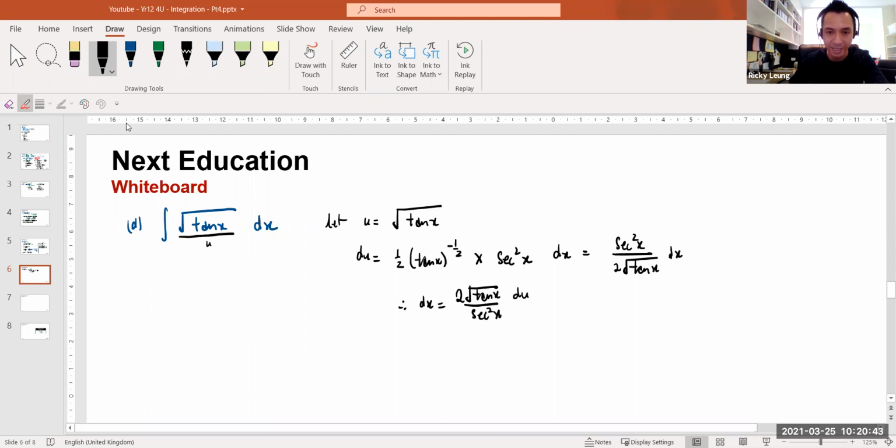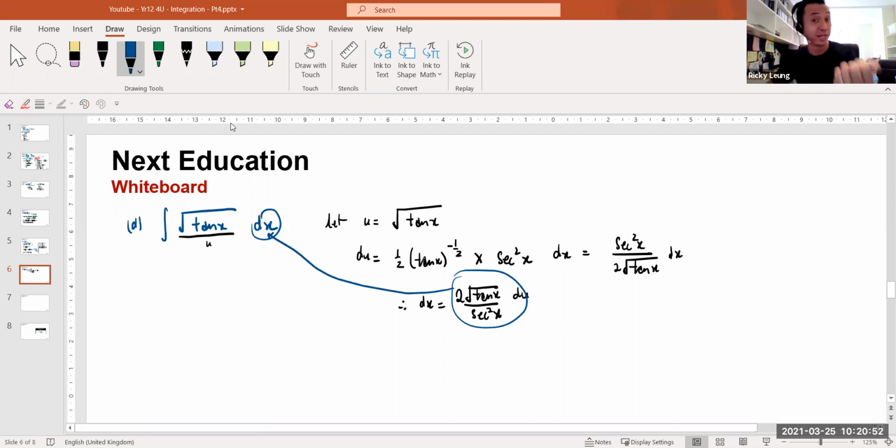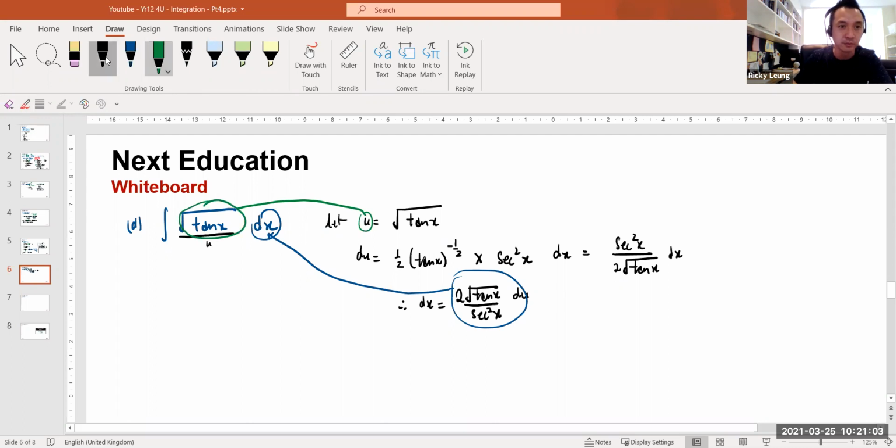Now, when I sub this into here, it won't exactly cancel the root tan x out, but it does turn into tan squared, and I have sec squared. Tan squared over sec squared feels like I can use some sort of trig identity. So let this integral be I, therefore I equals the integral of root tan x multiplied by 2 root tan x on sec squared x dx.